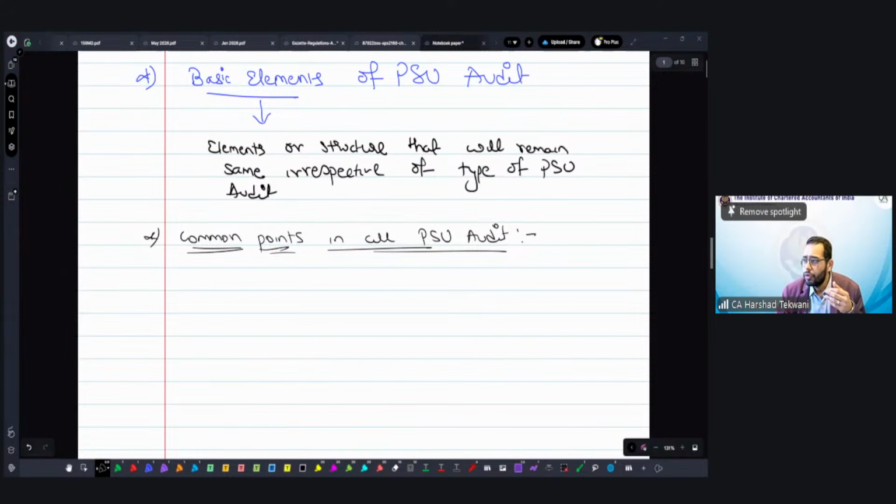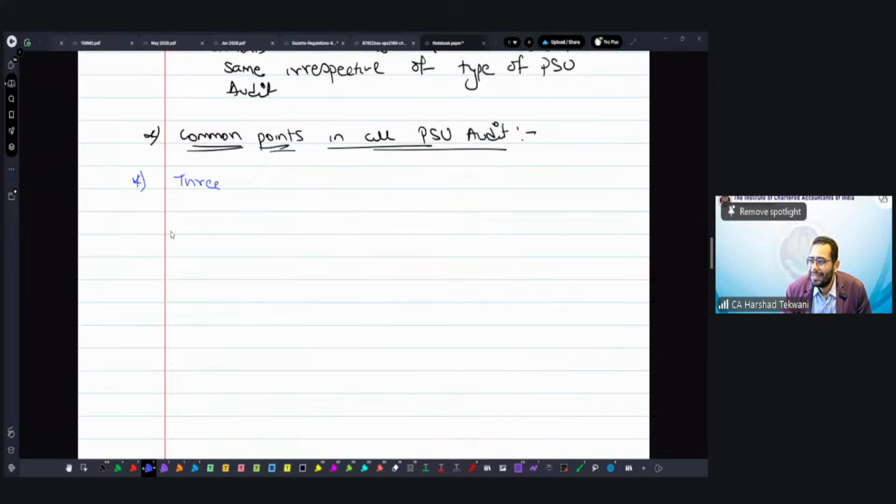So first of all, we are talking about three parties that will always be there in the public sector audit. The three parties, a three-party system.